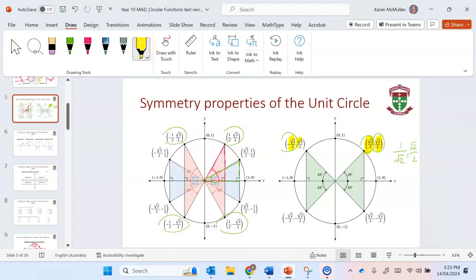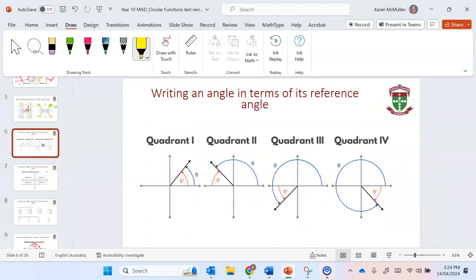You can see they're just repeated. It's just whether it's positive or negative. So the reference angle tells us our exact value, and the quadrant we're in tells us whether we're negative or positive. In the first quadrant it doesn't matter, because that's where your reference angle is anyway. I might just stick to degrees.